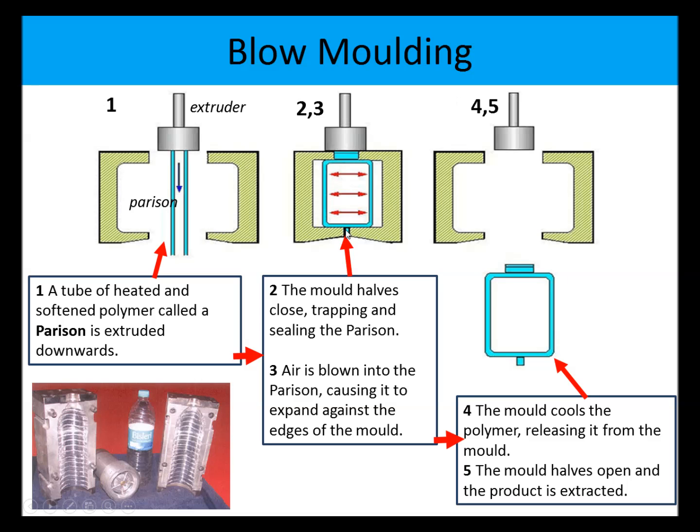If you look at a water bottle, you'll see where this actually traps it here, and then air is blown in from the top, inflating the parison like a balloon until it conforms to the shape of the mould. Once that happens, the mould is cooled, the mould opens, and the bottle or the product falls out. And here's a picture of the split steel mould for this particular water bottle. So that is blow moulding.